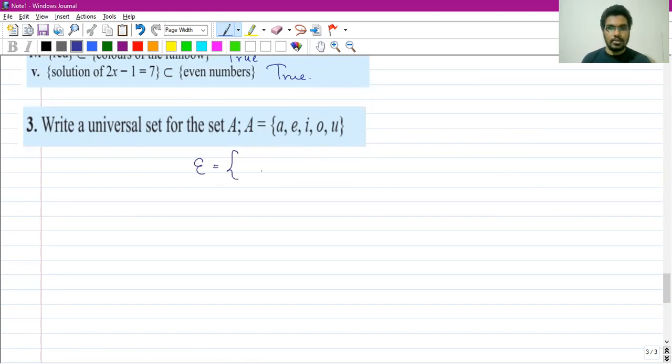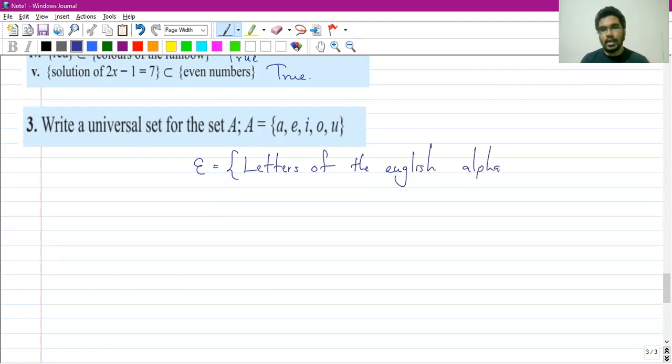If you write A, B, C, D, E, F, G, H, I, J, K, L, M, N, O, P, Q, R, S, T, U, V, W, X, Y, Z, all these vowels are included in this English alphabet. So we can write the universal set as letters of the English alphabet.